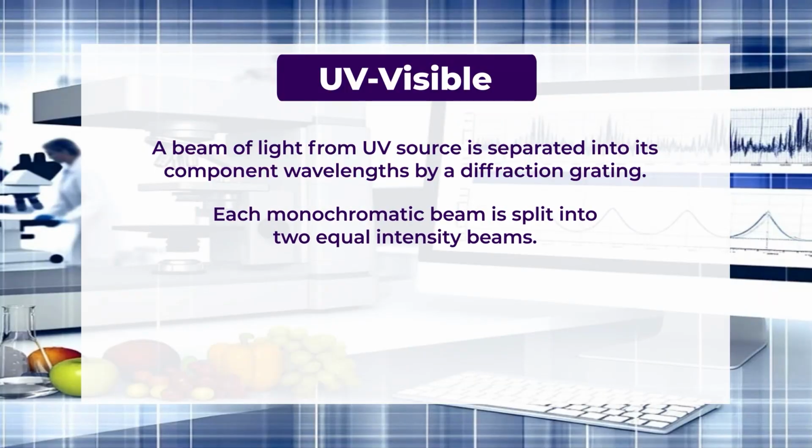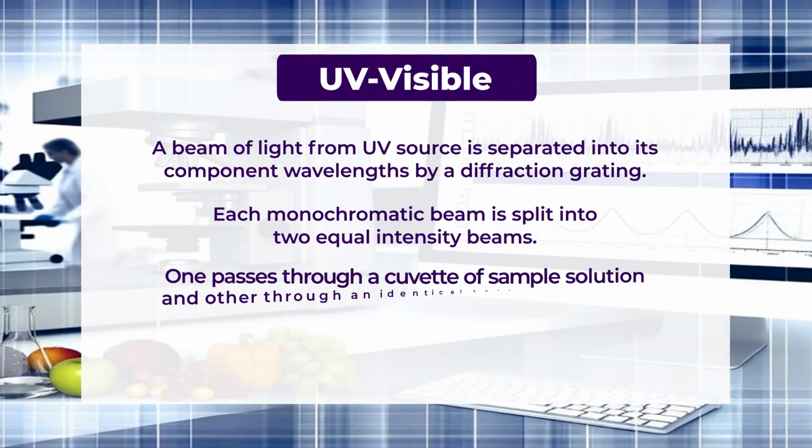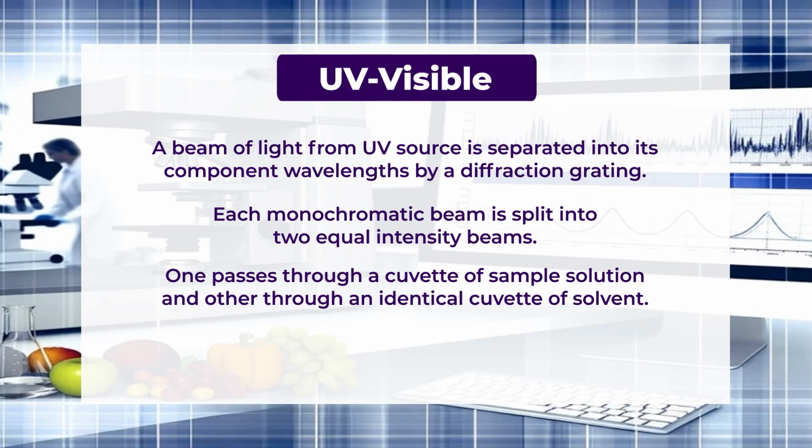Each monochromatic beam is split into two parts, two equal intensity beams. So there is one beam coming of wavelength, say for example 490 nanometer. This beam will be split into two equal intensity beams. One beam will pass through the sample, and the other beam will pass through the solvent in which the sample is present.